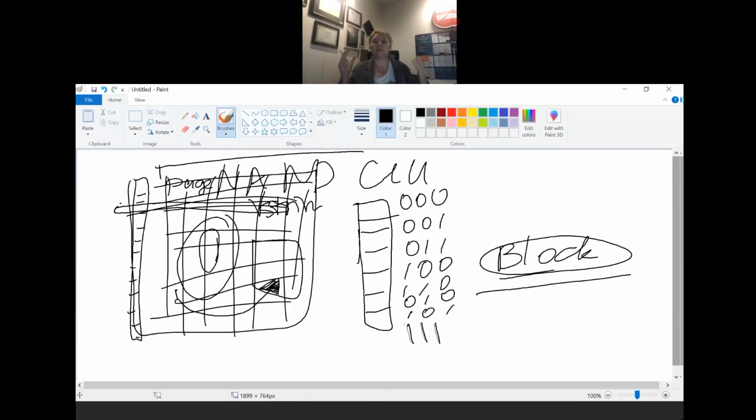So if one block goes bad and you have the rest of the information written in good blocks, you might assume that some information will be lost.